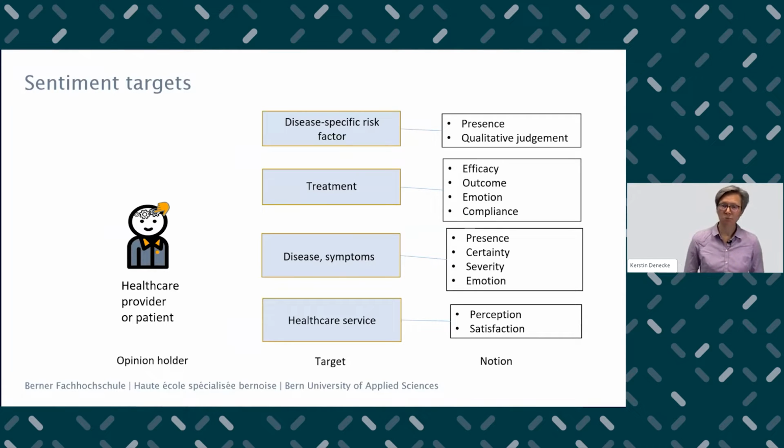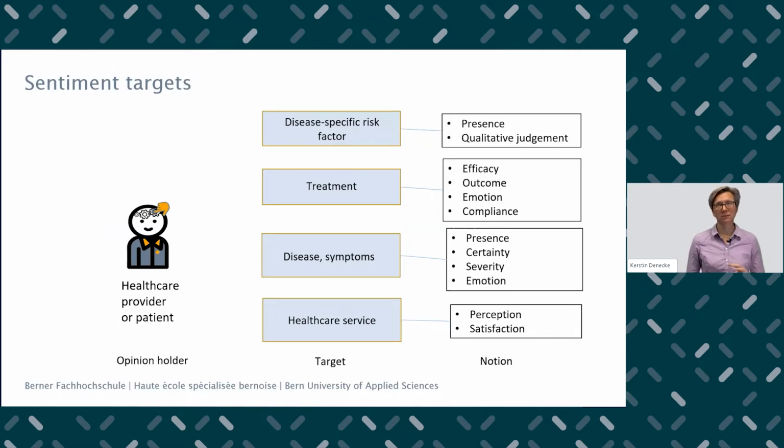Spending a few more words about the sentiment targets. As I mentioned before, the tumor or the patient could be the target of expressing a sentiment, but they are different targets. For example, we can consider disease-specific risk factors, like whether something is present or not.